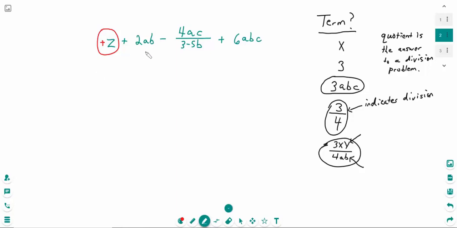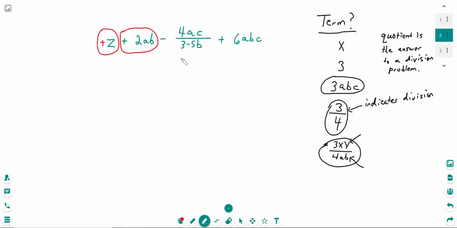Now if we move on, we have 2AB. What is that? That is an indicated product. Again, I'm taking the sign with it, so this positive 2AB would be another term in the problem.